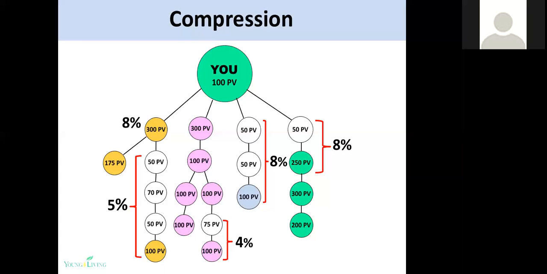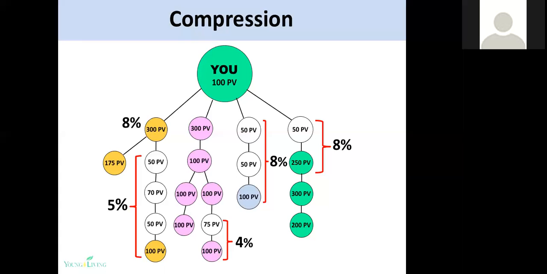If everyone in your organization has 100 PV, then it will be a strict 5 levels of payout. But if members in your organization have less than 100 PV, you could be paid many, many more levels deep than just 5 levels. And so there is a fantastic way in which to maximize and benefit on your unilevel commission payout.